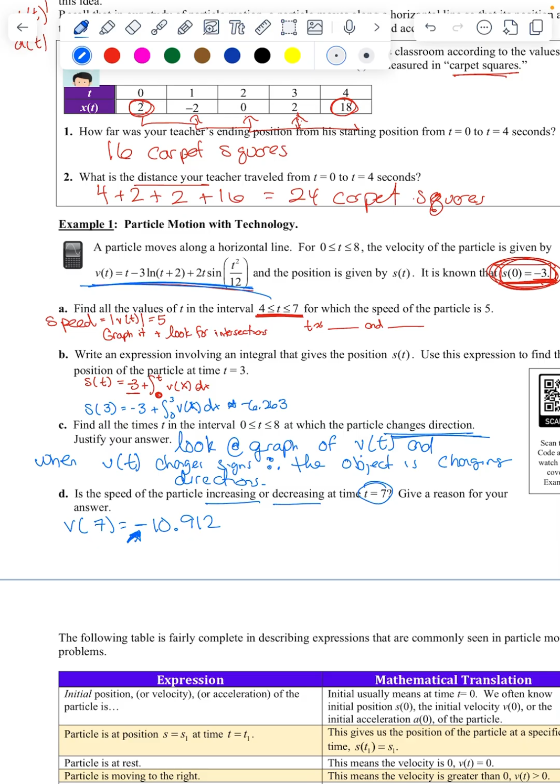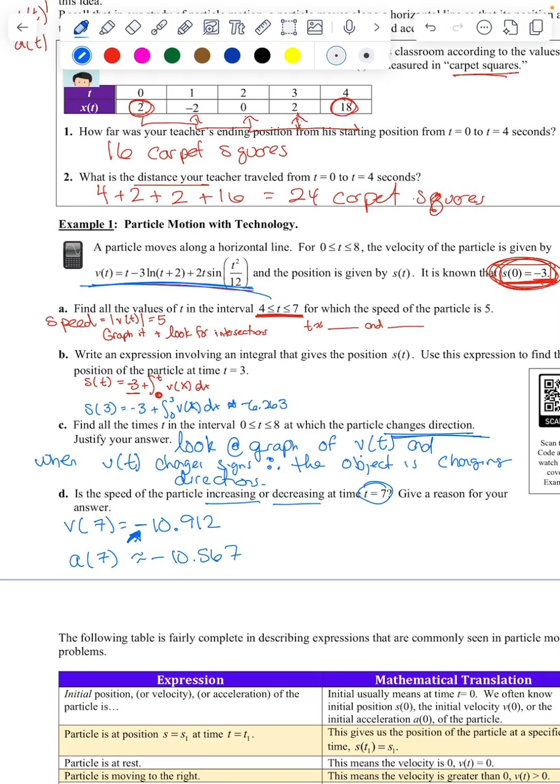But what we can do is figure out what is the acceleration at that point. And once we figure out the acceleration using our calculator, right, you derive velocity when t equals 7, and you get an answer of negative 10.561.